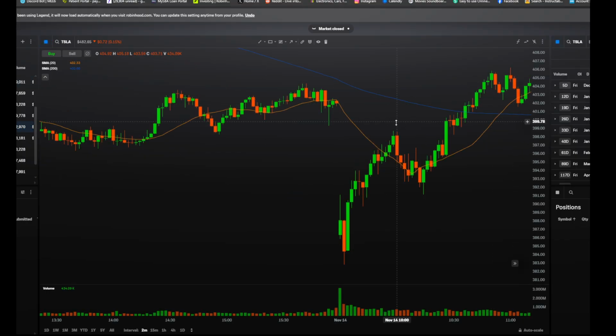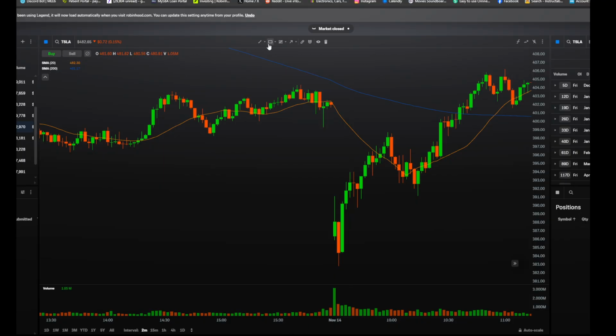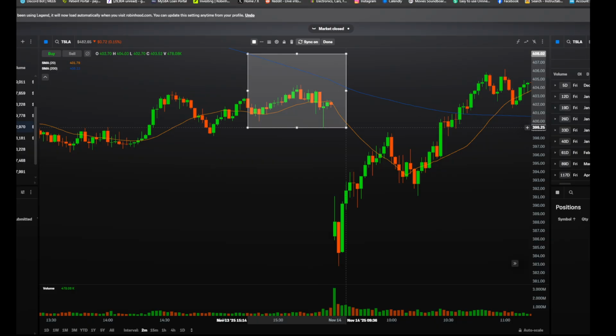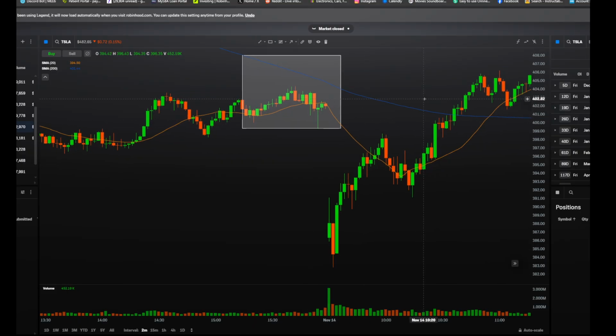And they happen all the time. This was Tesla. Same song and dance here. You go for the Fab Four, which is still a little boxy, but you get the idea. And we just opened so far from where price closed, right?